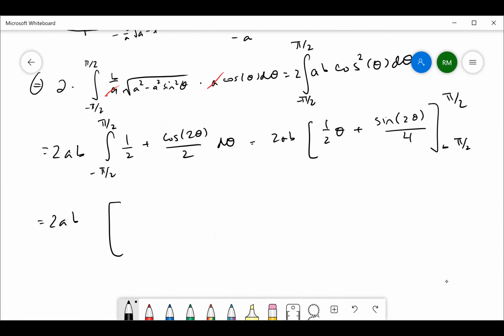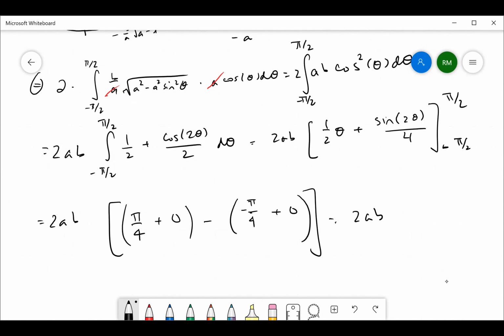And what we should get is pi over 4 plus the sine of pi, which is 0, minus negative pi over 4 plus 0, because the sine of negative pi is 0. And so we get 2ab times pi over 2 is pi ab. So the area of an ellipse is the product of half the length of the semi-major times half the length of the semi-minor axis, times pi.